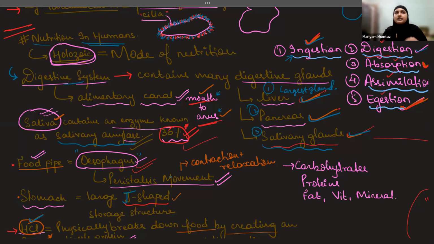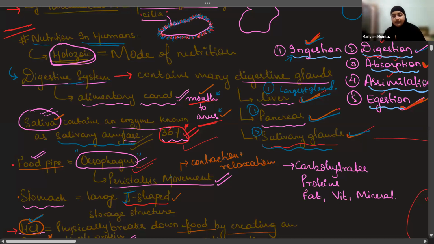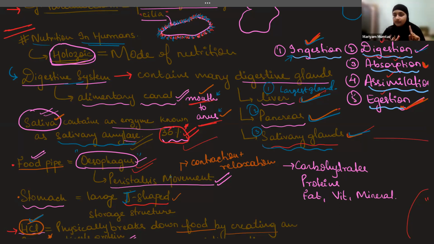Now in our mouth, the salivary glands produce saliva, and that saliva contains an enzyme known as salivary amylase. Saliva has two functions. The first function is to wet the food.